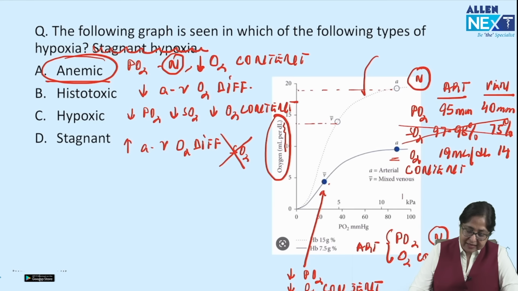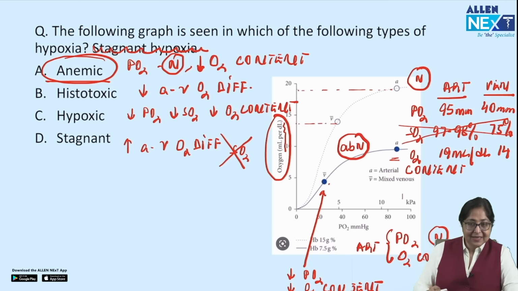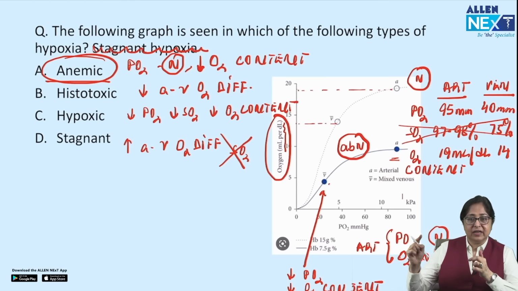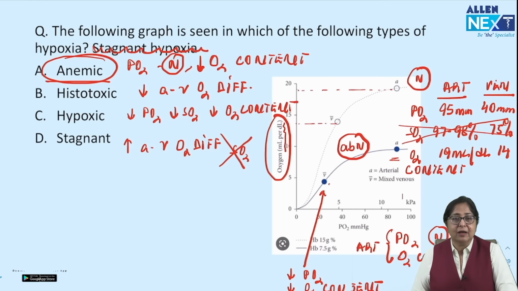This was shown as a normal graph, and this was the abnormal graph. Why is this anemic hypoxia? Once again, arterial PO2 normal, total oxygen content reduced, venous PO2 reduced, venous oxygen content reduced, greater arteriovenous oxygen difference, pointing towards anemic hypoxia.